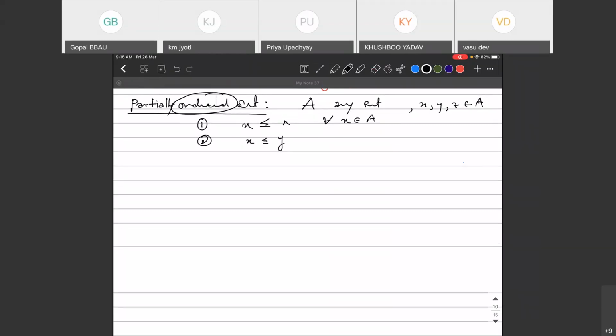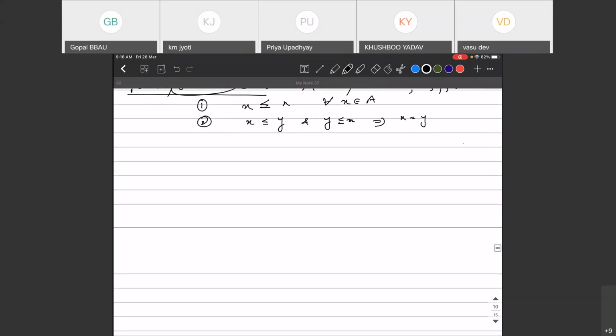If x is less than y and y is less than x, it will provide x is equal to y. This implies x equal to y. That is the anti-symmetric property. Third one: if x is less than y and y is less than z, this implies x is less than z.